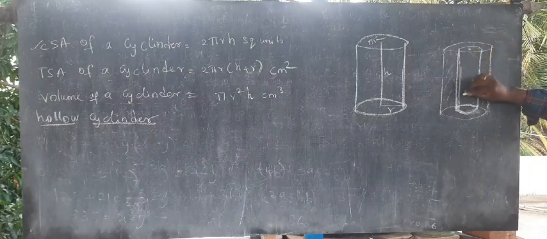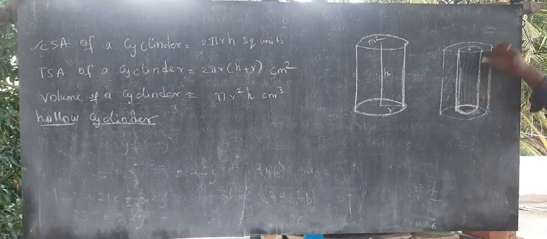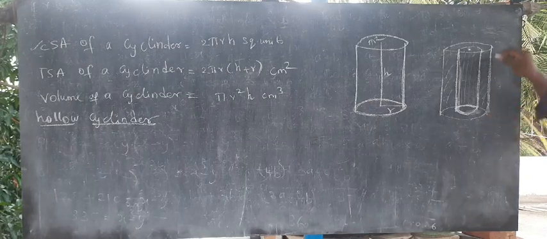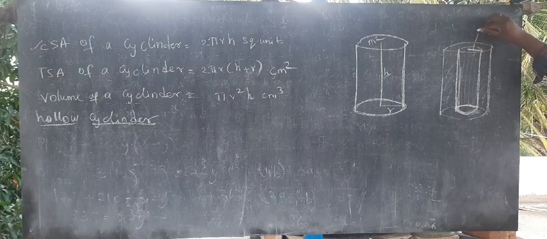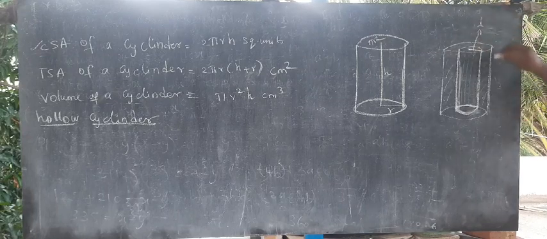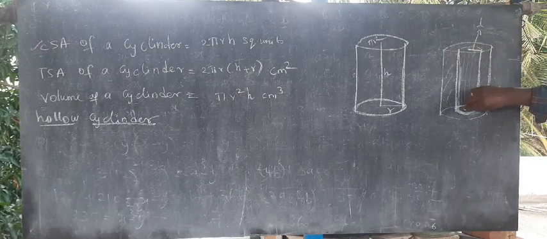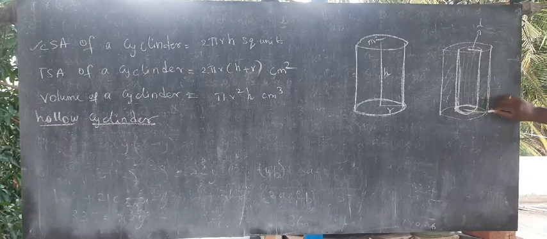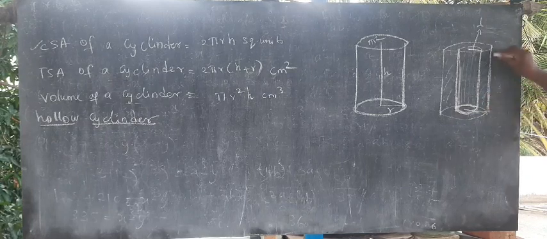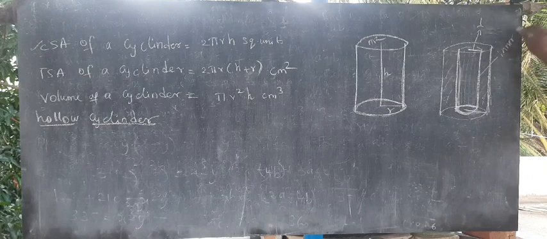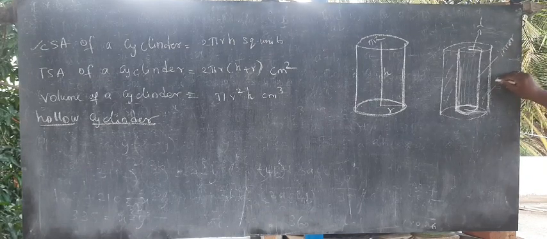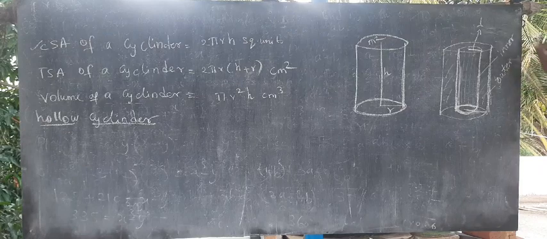So only this area will be filled by liquid or solid items, that's all. Clear? Here, from the center to the outer edge is the outer region, and this is the inner region.